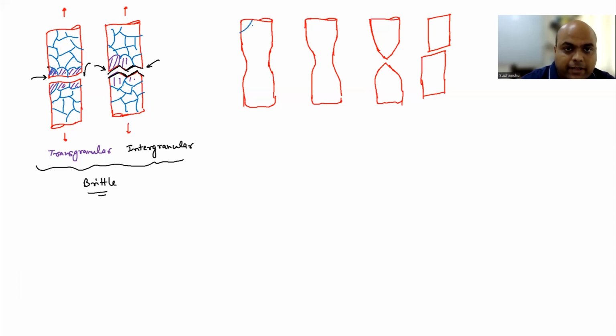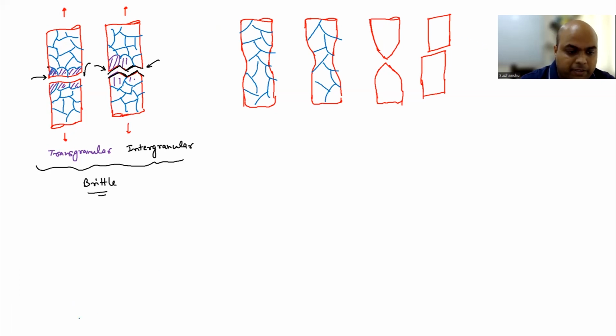Now let me draw grains. So the blue lines are your grains. Okay.